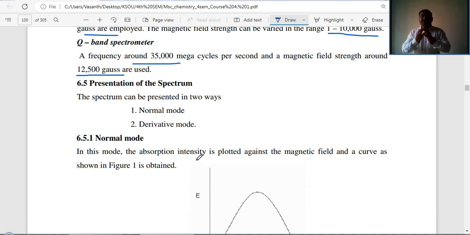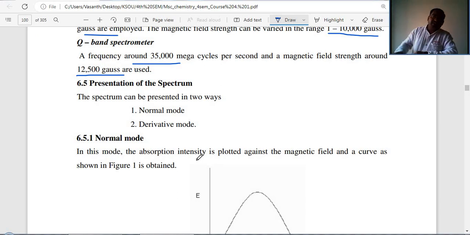What is the spectrum? Spectrum representation. The ESR spectrum is represented in two modes. One is the normal mode and another one is the derivative mode.